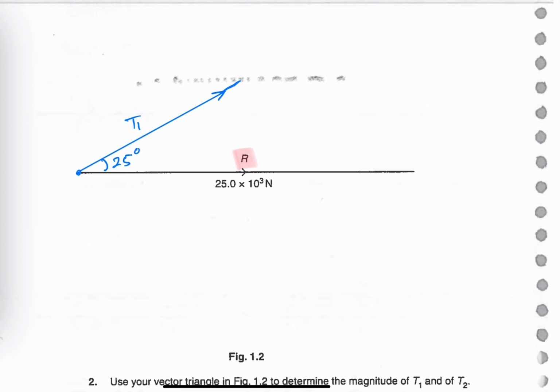Let's suppose this is the x-axis, and you have to check the 15 degree angle with the protractor. Let's suppose this is 15 degrees and you have to draw a line that will meet at this point. Okay, so this is T2 at a 15 degree angle.